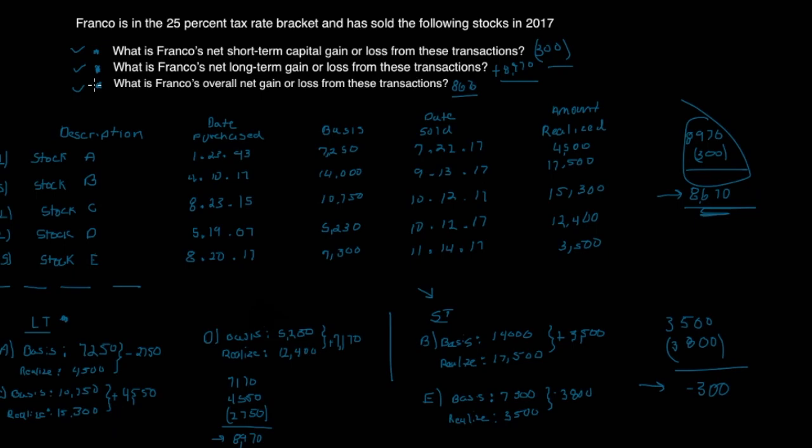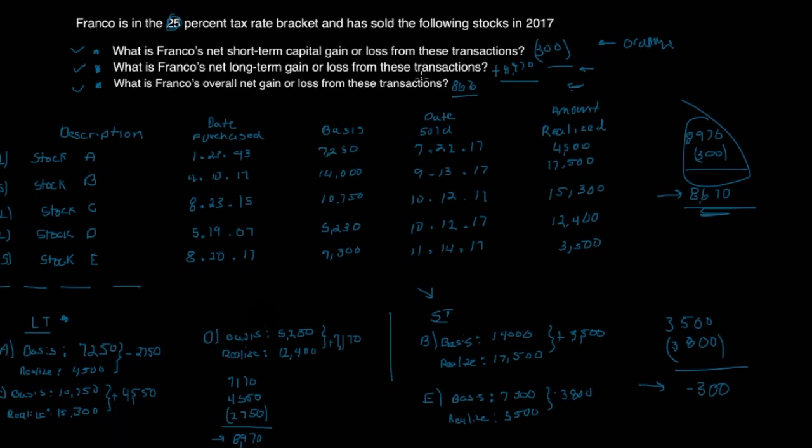I think that was pretty short and effective. Pretty simple stuff. You guys might be wondering why it says up here he's in the 25% bracket. That only really matters whenever you're trying to figure out what rate each of these are taxed at. So if he's in the 25% bracket and he has a short-term capital gain, that is going to be at the ordinary income tax rate.